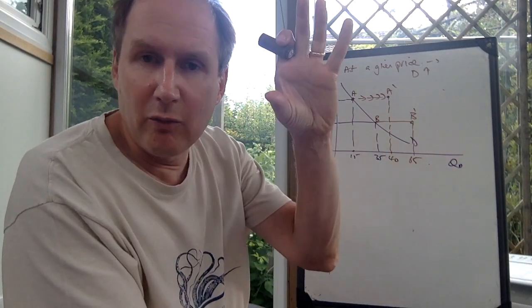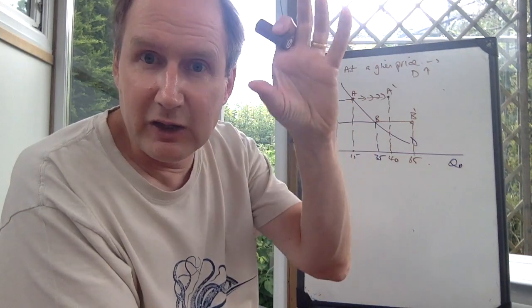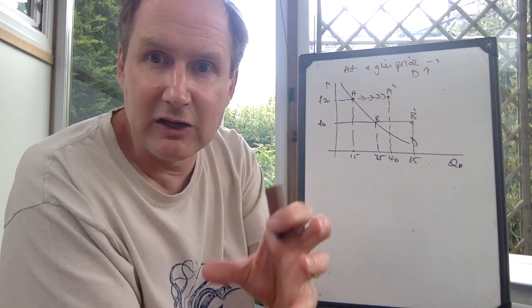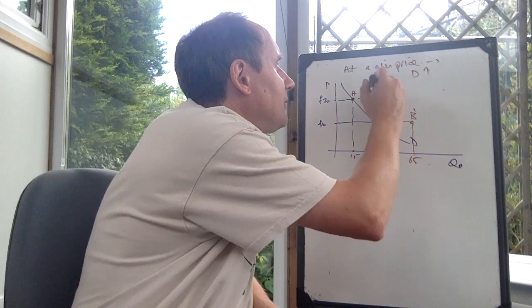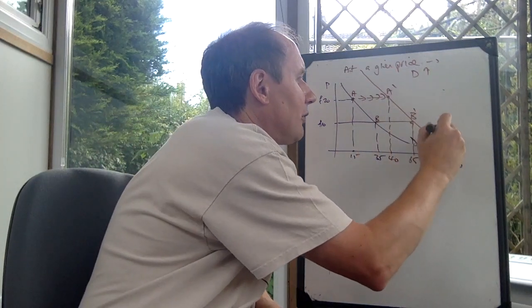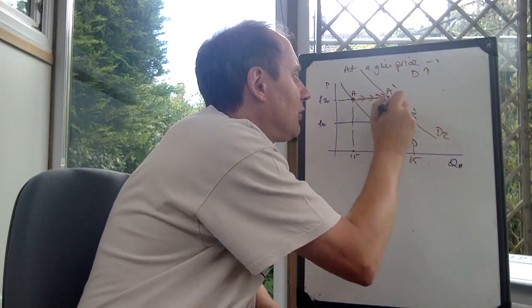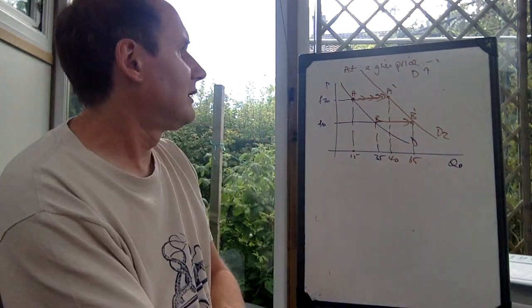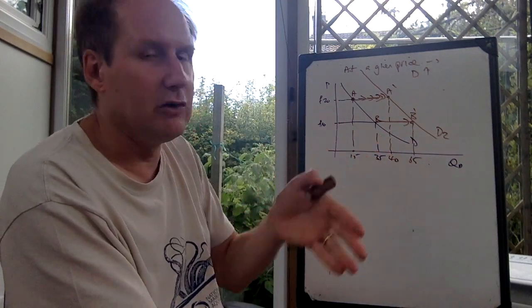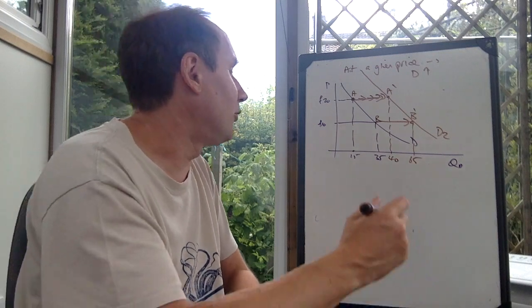So what that means is, whatever the price is, the advertising campaign results in an increase in demand. And we call this a shift. Demand has shifted to the right, to D2, because whatever the price is, demand is now higher. The number of units that consumers try and buy is more than it was before.